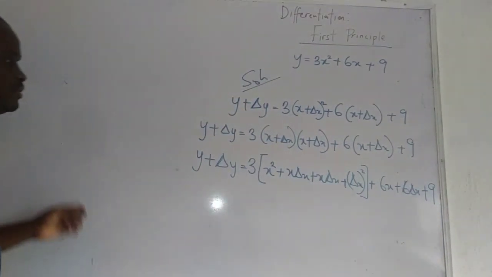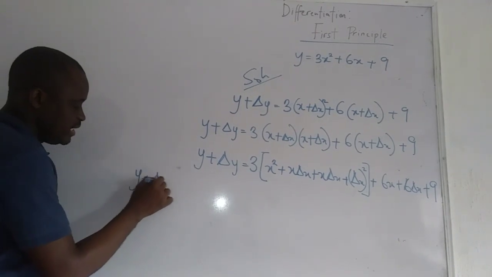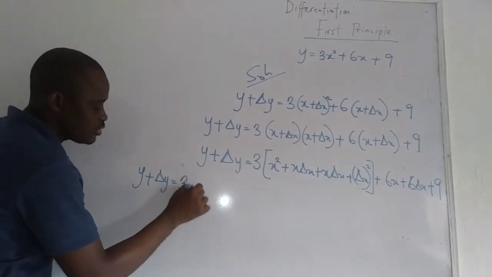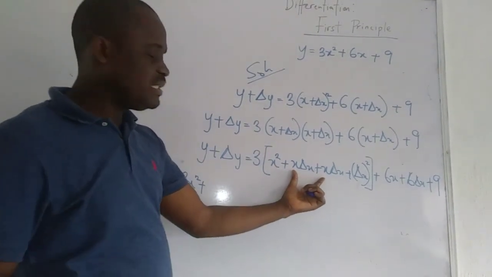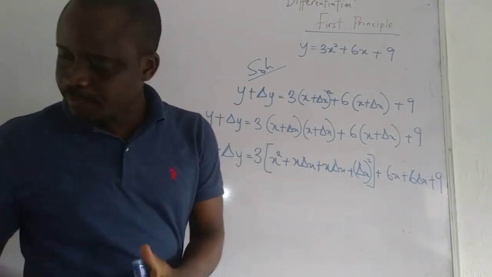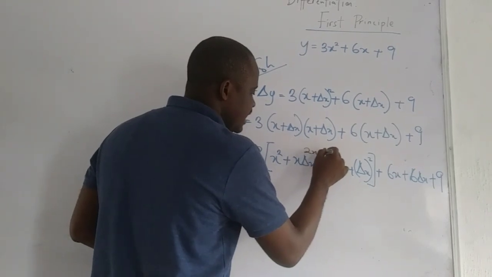So when this is done, then this should be what? y plus delta y equals 3 into all of it. 3x squared plus, now listen, x delta x plus x delta x should give you what? That will give you 2x delta x.